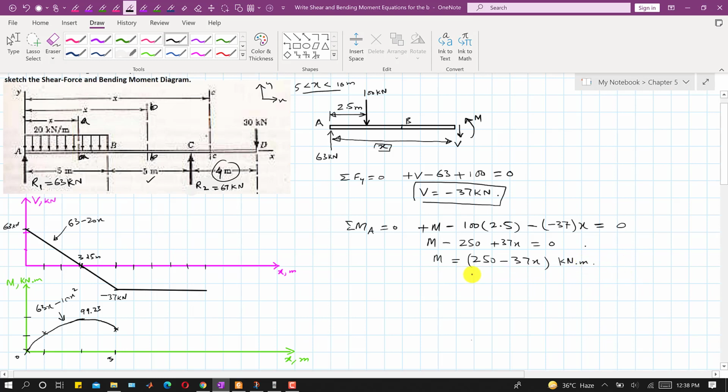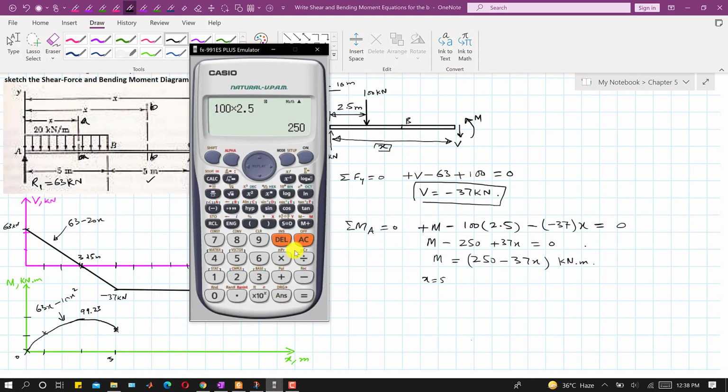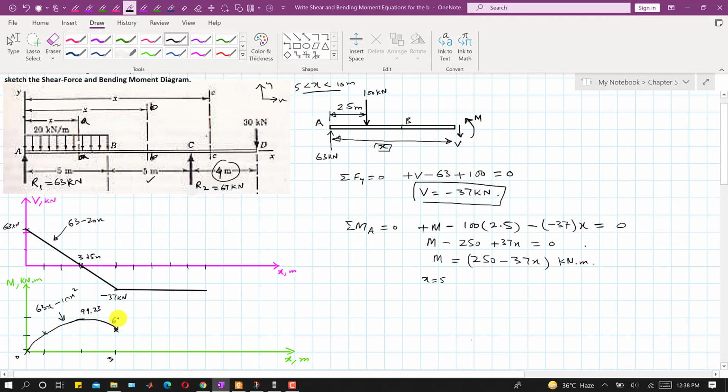So now again if I put x equals to 5 meters in this equation, we will get that same value that we obtained here. So this is 250 minus 37 into 5. This is that same 65 value, so here we have the moment equals to 65 kilonewton meter, right?